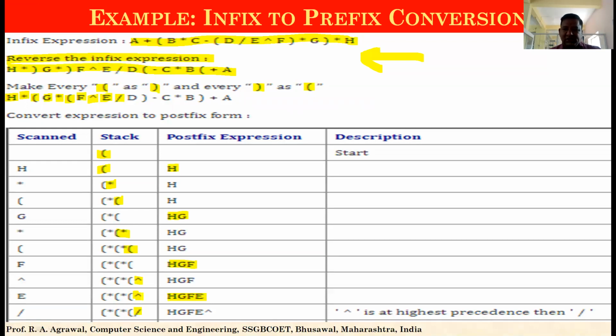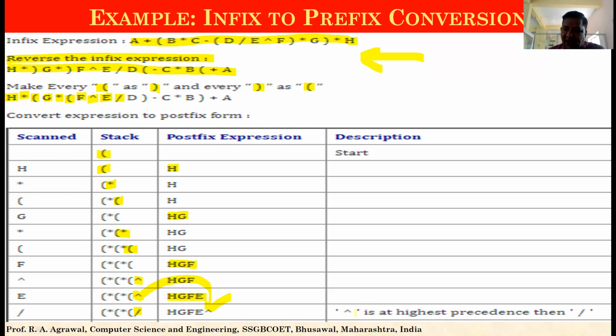So the existing operator's precedence is higher than that of the incoming operator. So the first thing we will do is pop out exponential from the top of the stack and add it to the postfix expression as shown in this step.